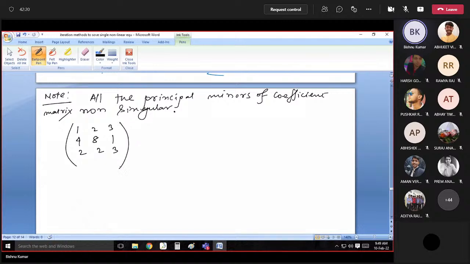Suppose the first equation is x plus 2y plus 3z equals something, the second equation 4x plus 8y plus z equals something, and the last equation 2x plus 2y plus 3z equals something. So the coefficient matrix looks like that. In this system, can we apply the LU decomposition method or not?